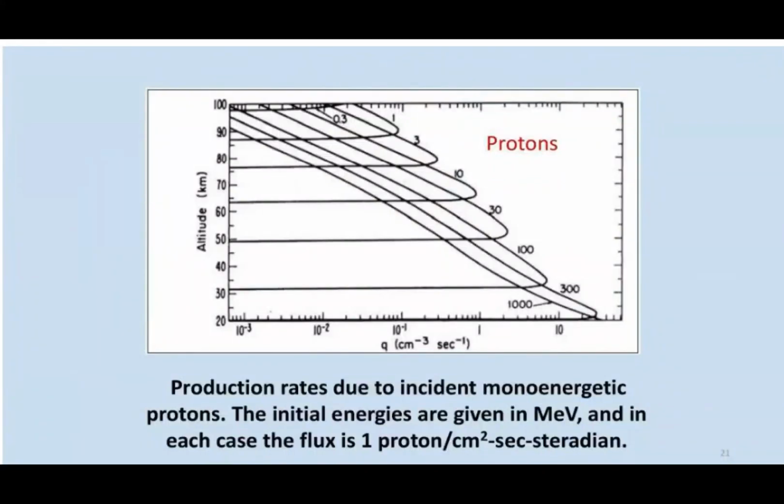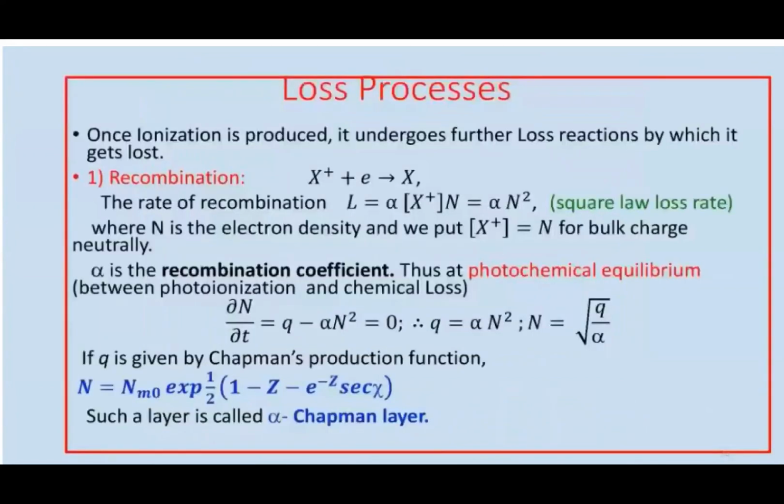These are all in different values of MeV. And then different energies produce ionization at different heights. So the most energetic particles, 300 MeV or more, can produce ionization even at about 20-30 kilometer altitude. So this is the role of energetic particles in producing ionization.